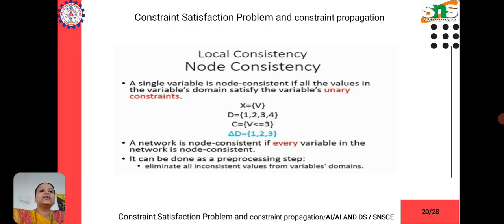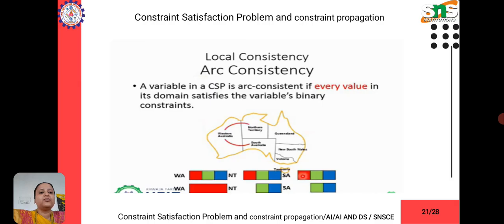When you are dealing with a single node and it has a unary value, it is called node consistency. Here X is the node that you are dealing with, D is the domain and C is the constraint. Say for example, V should always be greater than or equal to 3, so it should be included with only the values 1 to 3. This is all about node consistency.